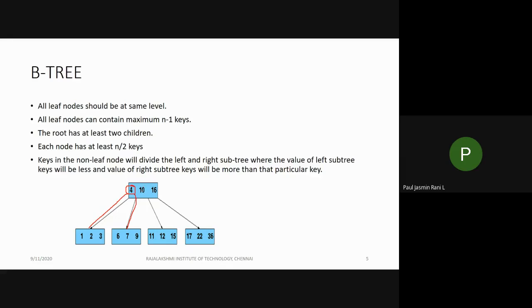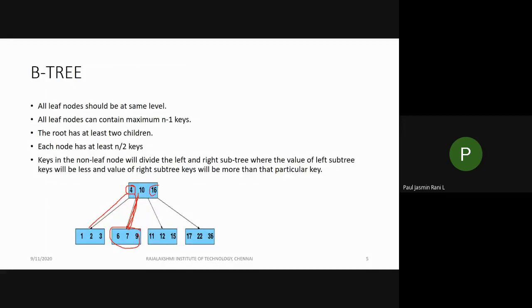Similarly, when you take this 10 and this branch, 6, 7, 9, this particular node is between elements 4 and 10. So 6, 7, 9 is present at the right side of your 4, and similarly 6, 7, 9 is present at the left side of your 10. And it satisfies the property of your binary search tree.